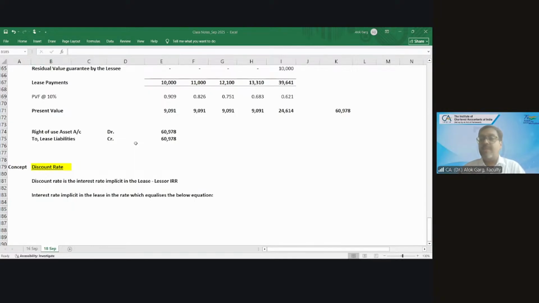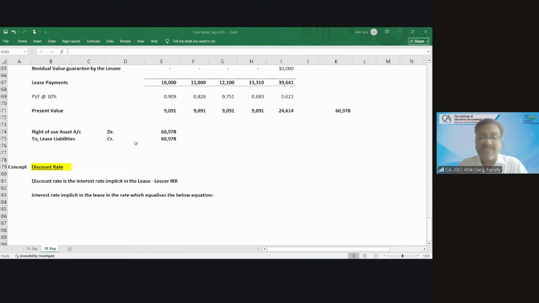And what is the equation? The present value of the lease payment to the lessor. I am talking about the lessor's internal rate of return. The present value of the lease payment to the lessor plus the present value of the unguaranteed residual value should be equivalent to the fair value of the lease asset plus initial direct cost.